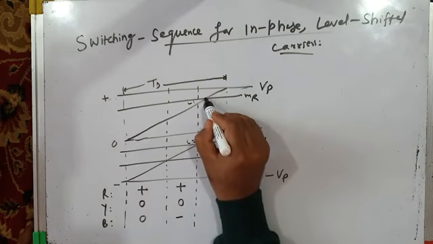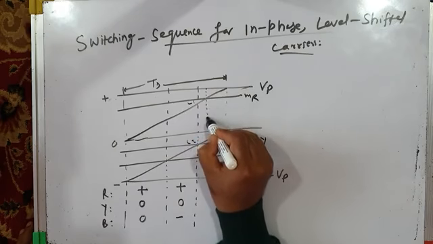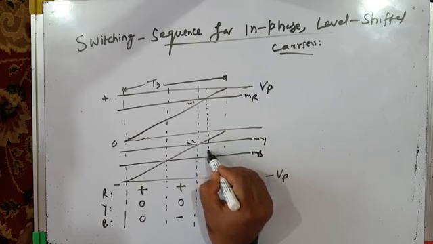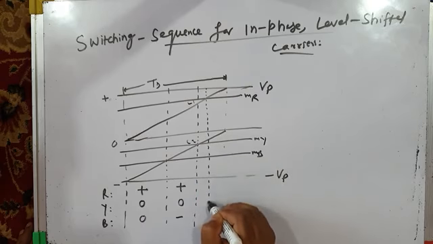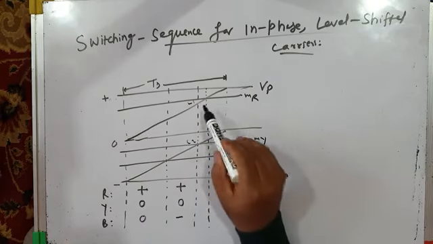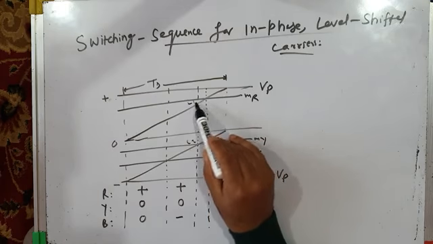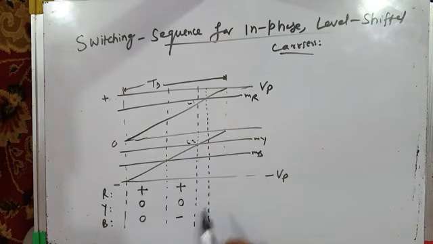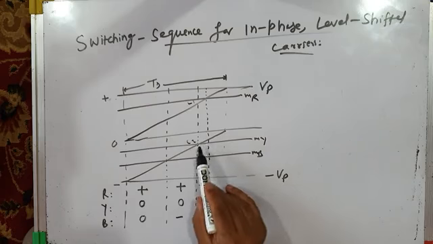तीसरा intersection ये है, immediately इसके बाद तीसरा intersection. During this period, we can say MR is again greater than both the carriers. So plus, what about MY?